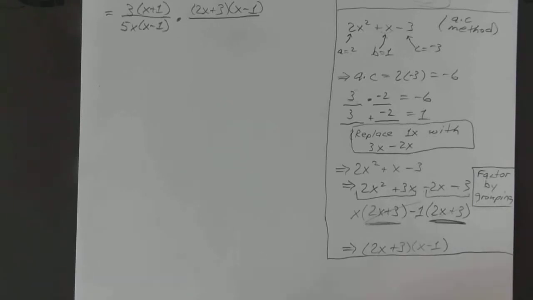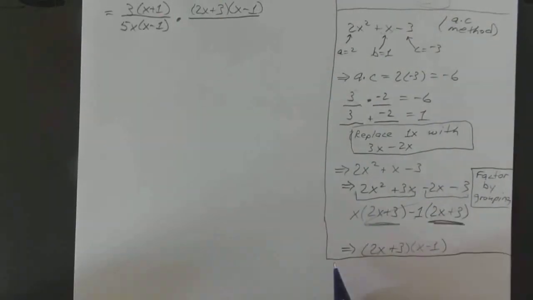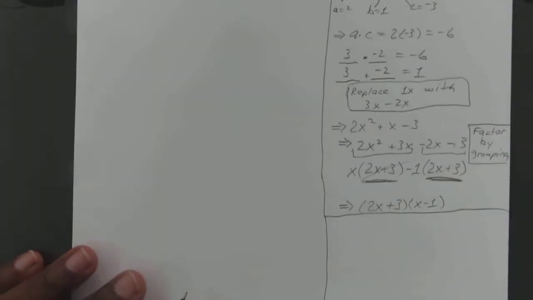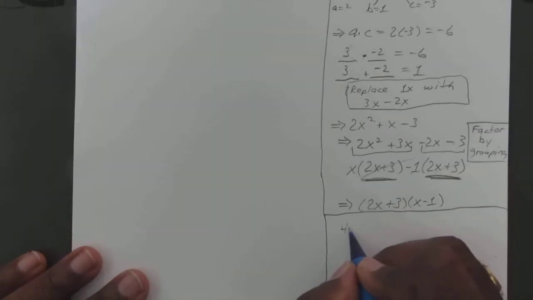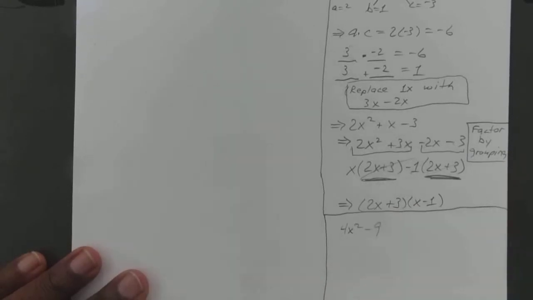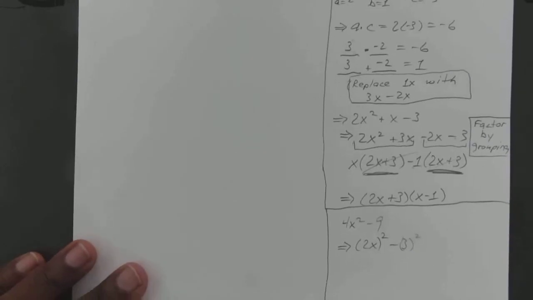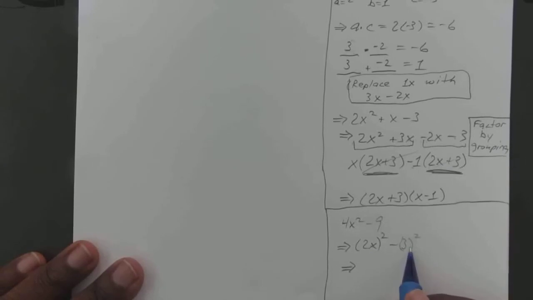And the 4x squared minus 9. You can just replace that with 2x squared, which is just 4x squared, minus 3 squared. So once you have your difference of squares, it's 2x plus 3 and 2x minus 3.